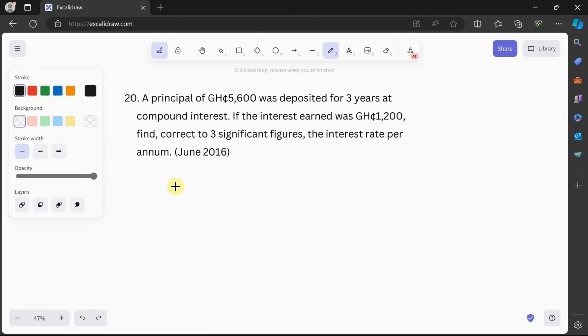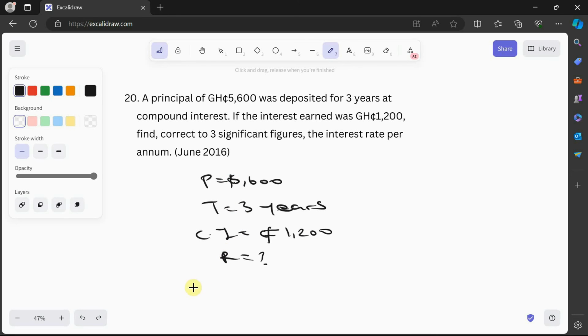We were told the principal is P, which is 5,600. We're told the time span was 3 years and it's compound interest. We're told that the compound interest was Ghanaian cedis 1,200, so this should be cedis somewhere behind it. We're told to find the R. So we know that the interest is equal to the amount minus the principal, right?